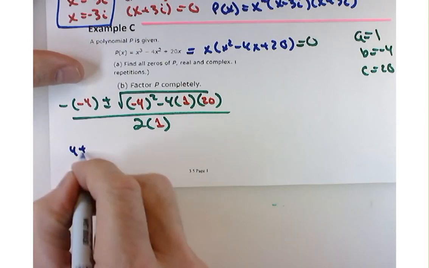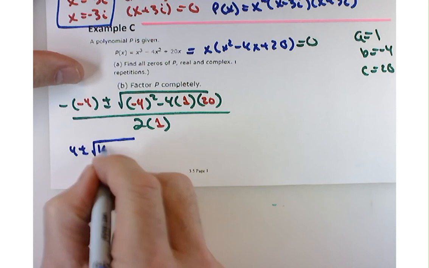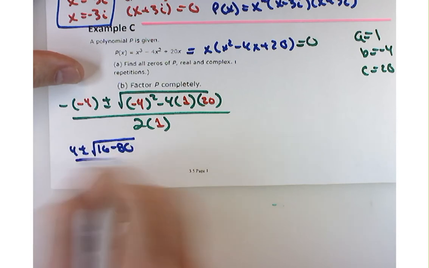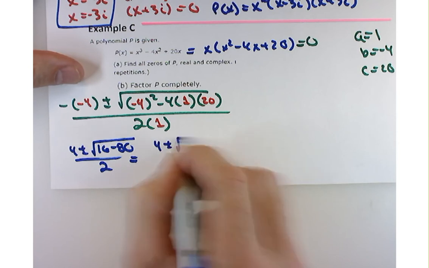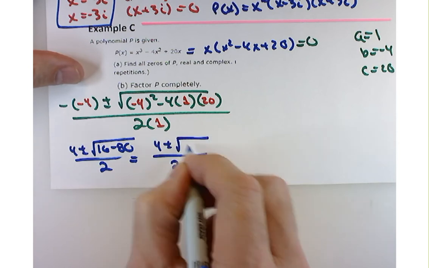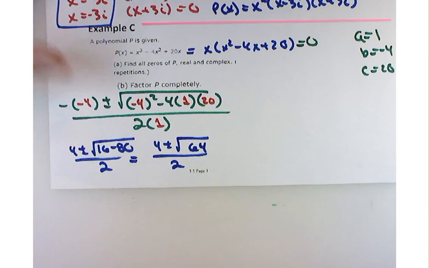4 plus or minus the square root of 16 minus 80, over 2. And now comes the wishful thinking part on behalf of a lot of people. A lot of times people give me 64 here. Now 80 minus 16 is 64, but that's not exactly what we got.